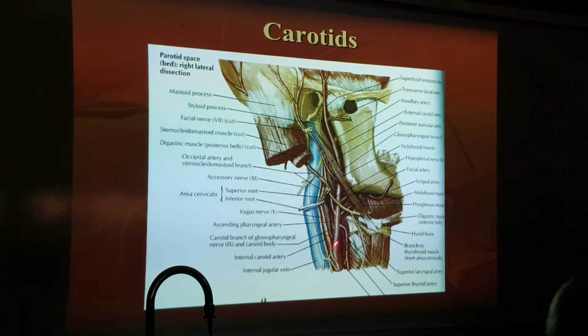And so the ones we can see on this picture, pretty good picture, are the superior thyroid artery. This is the lingual artery, which goes deep. The facial artery comes back around the mandible superficially, and is quite a superficial artery. This is the ascending pharyngeal artery. Okay.